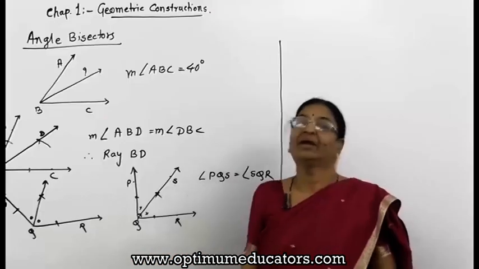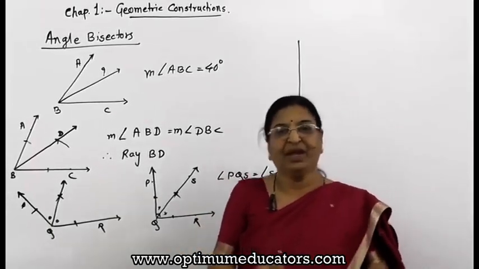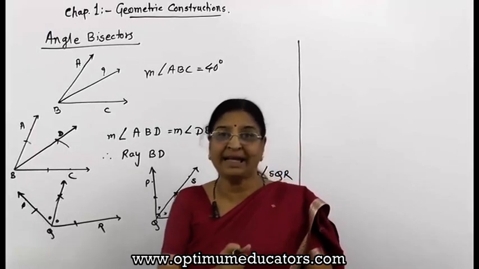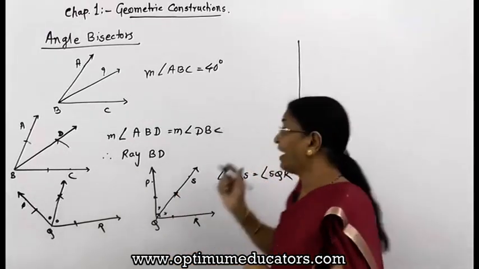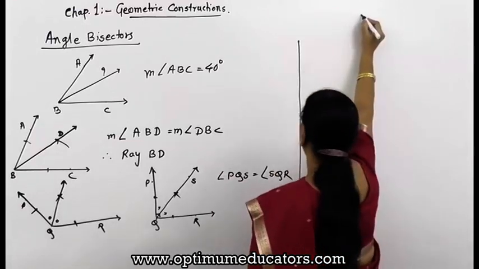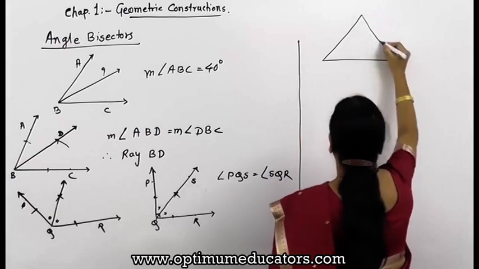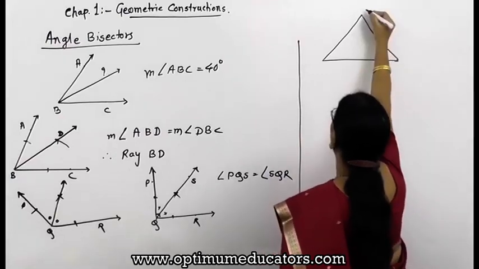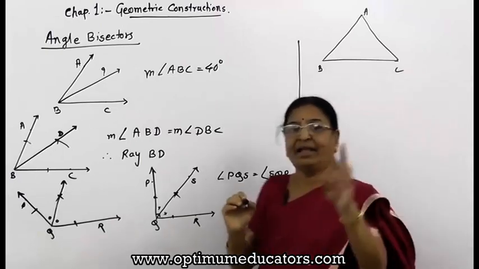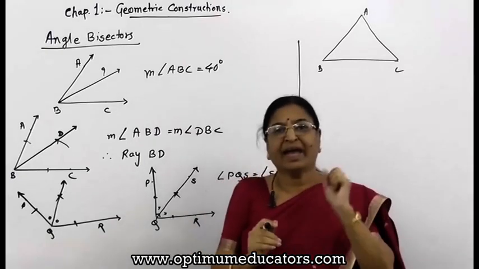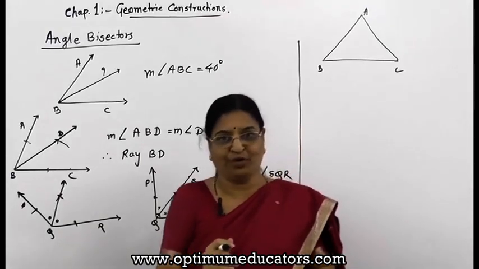Then we want to find out what the properties of this angle bisector are. Now about the properties of the angle bisector. For each triangle there are three angles. I will show you with a rough triangle. This is a triangle ABC and there are three angles. Can you draw an angle bisector for each one of them?